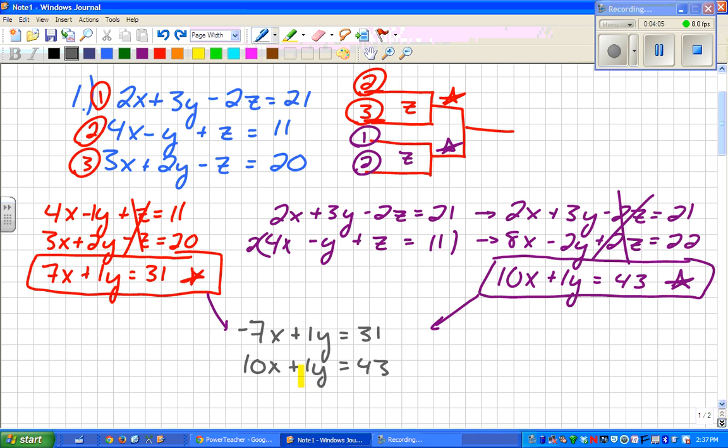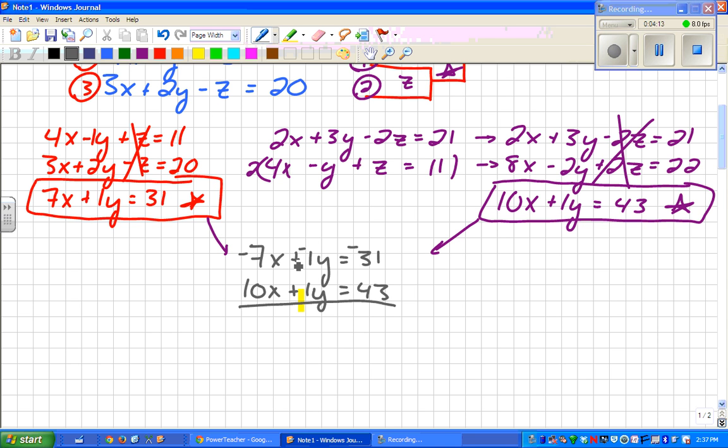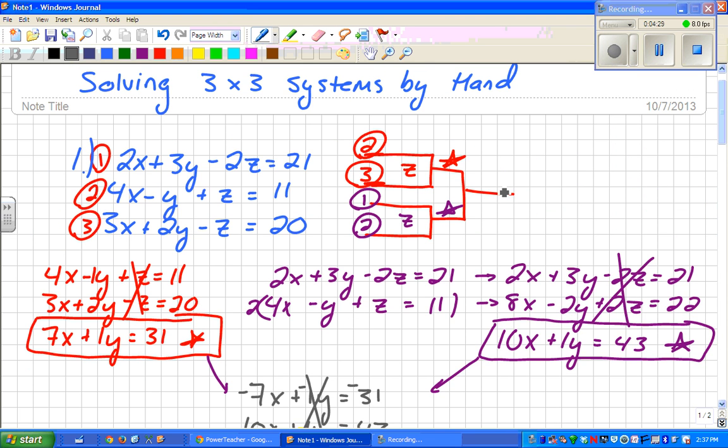So that'll make that negative, and that negative. Okay, so now when we cancel it out, the y's cancel, and I've got 3x equals 12, and then when I divide by 3, I get my first answer, x equals 4. So I did all of that work to find out that x equals 4.